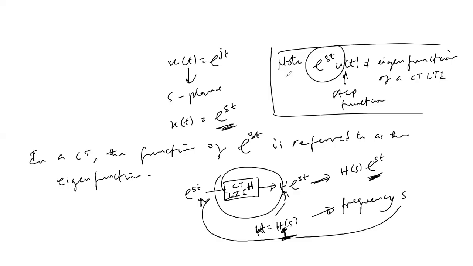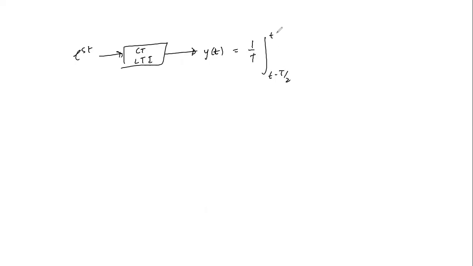Okay. So let us consider an example. So let us assume you have the eigenfunction. This is fed into a continuous time linear time invariant system, and then expected to get an output 1 over T, the integral from t minus T over 2 to t plus T over 2 of s of tau d tau.